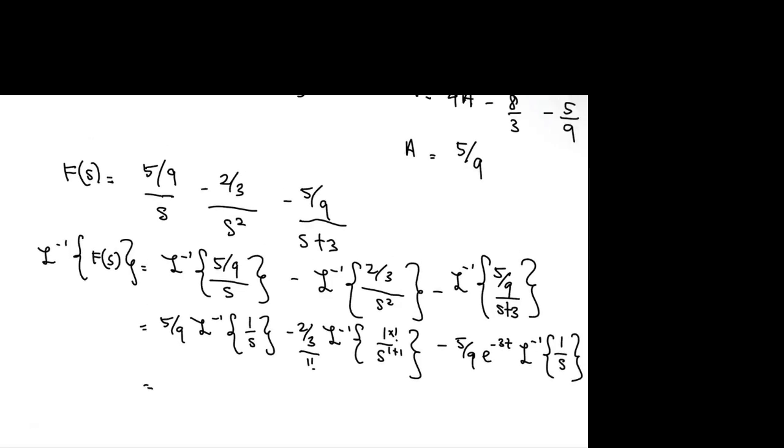So we have 5 over 9 times 1, minus 2 over 3 times t, minus 5 over 9 exponent minus 3t. Okay, that's it.